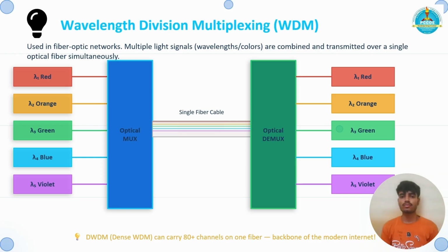Now let us move to wavelength division multiplexing or WDM. This technique is used in optical fiber communication. In WDM, different light wavelengths or colors are used to carry multiple signals through a single optical fiber. As shown in the diagram, different colors such as red, orange, green, blue, and violet represent different wavelengths.